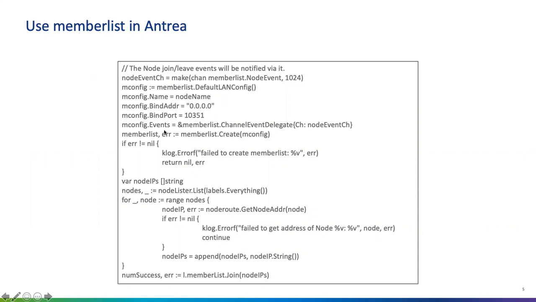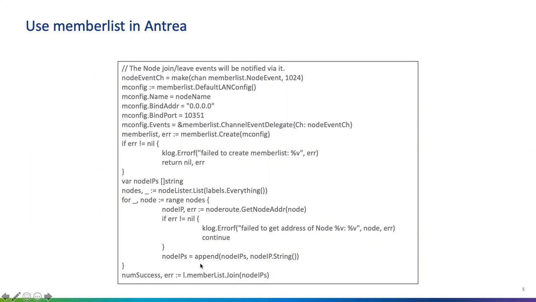and initialize a channel which will receive the node join or leave events, and then we just need to get the list of nodes and extract their IPs, and then make this agent join the cluster.